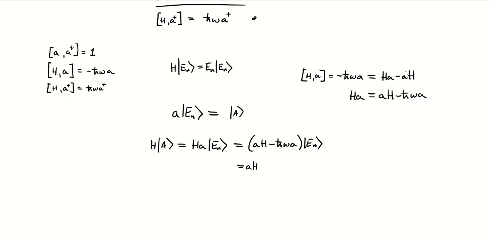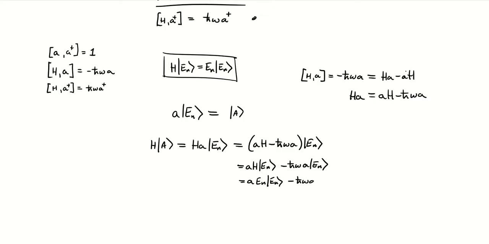Or just written in a way that I think makes things a little clearer, E sub n, right? We know from our energy eigenvalue equation that the Hamiltonian acting on that state is just E sub n times that eigenstate, right? So we can rewrite this as that.